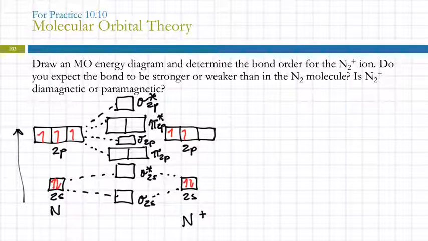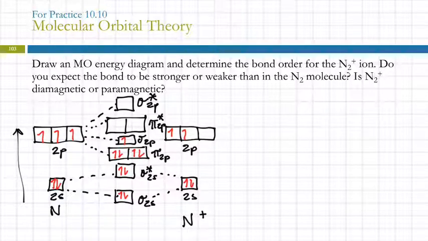So now that I've got these molecular orbitals, I'm going to look at the total number of electrons. I've got 5 over here and 4 over here, and 5 plus 4 is 9. So I'm going to put the 9 electrons in here. 1, 2, 3, 4, 5, 6, then they're going to have to pair up, 7, 8, 9.